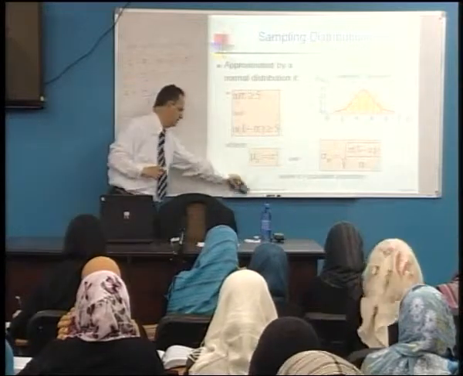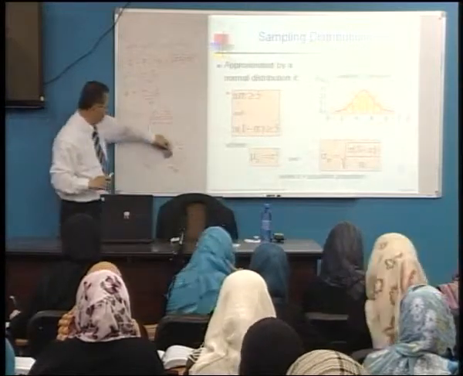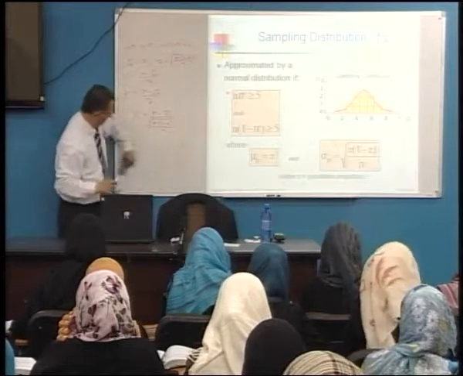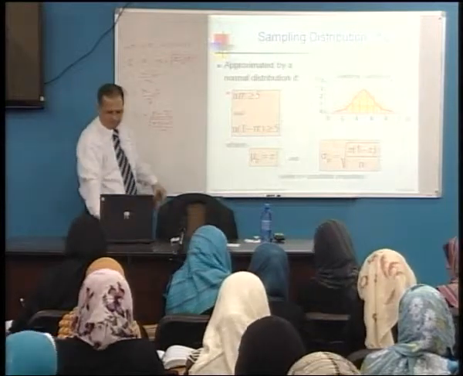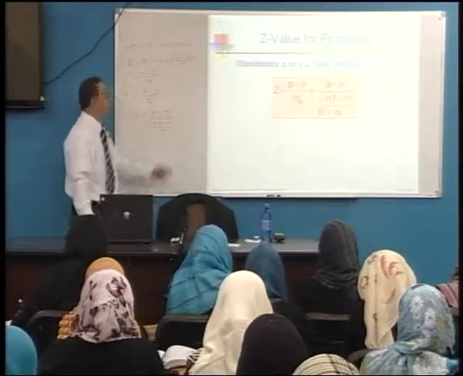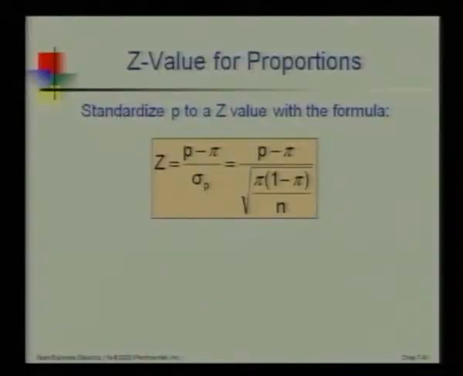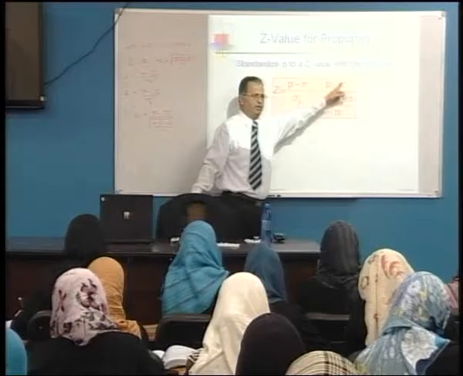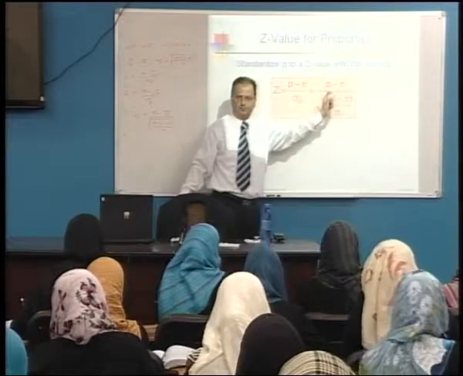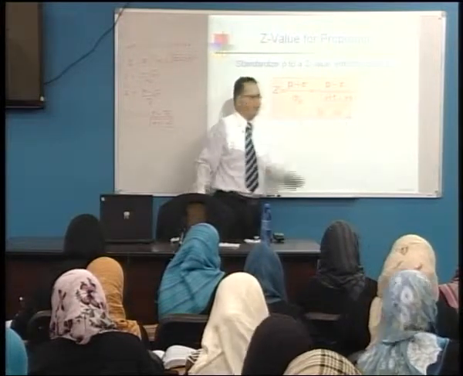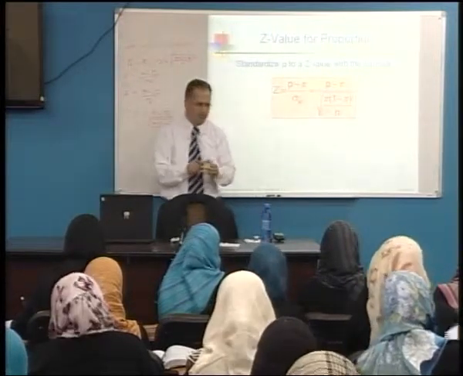So in this case, the new formula for the z-score is z equals p minus pi divided by the square root of pi times 1 minus pi divided by the sample size n.